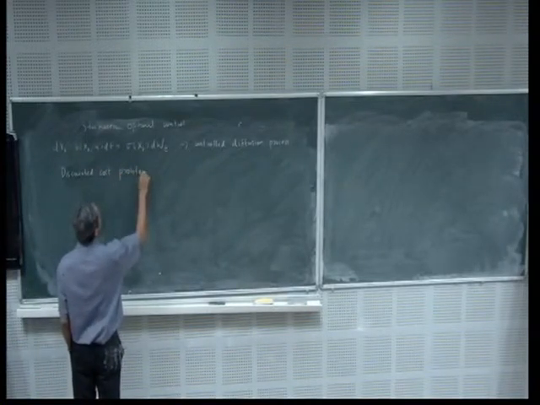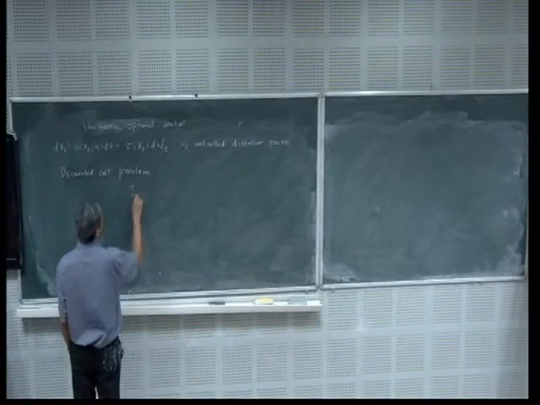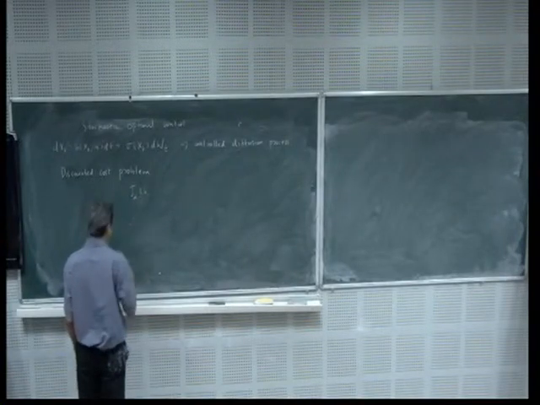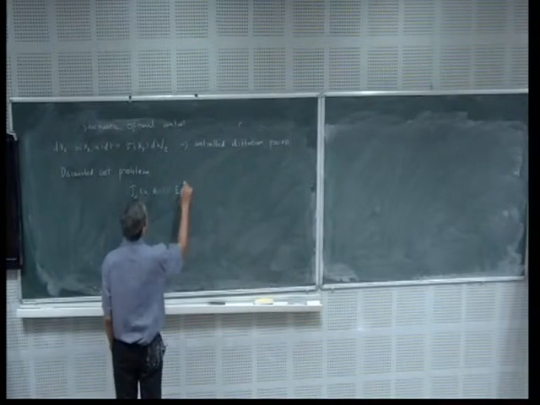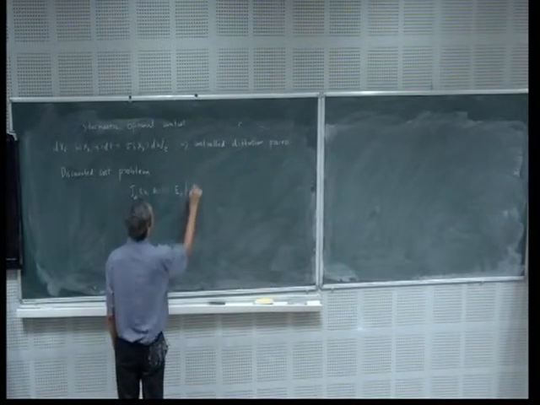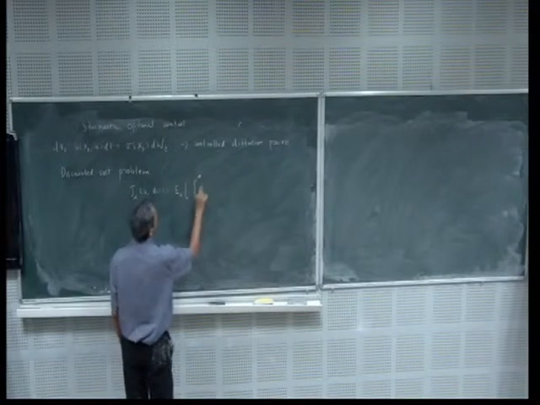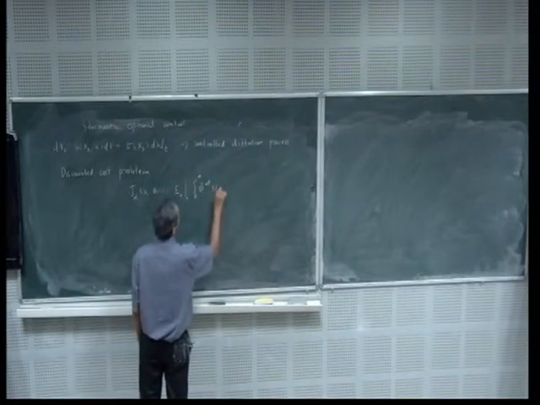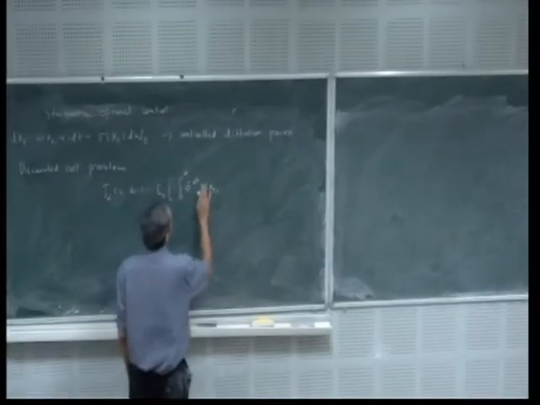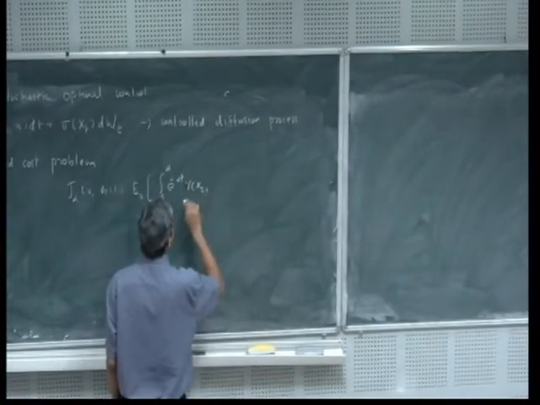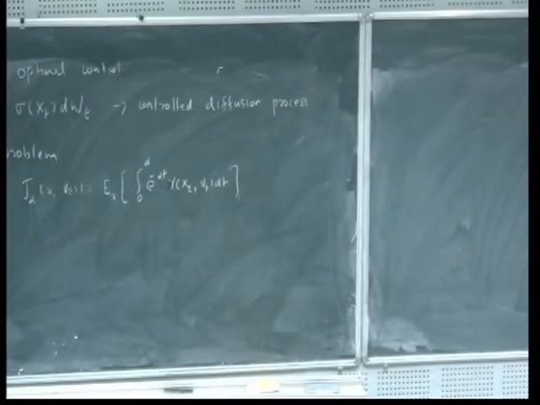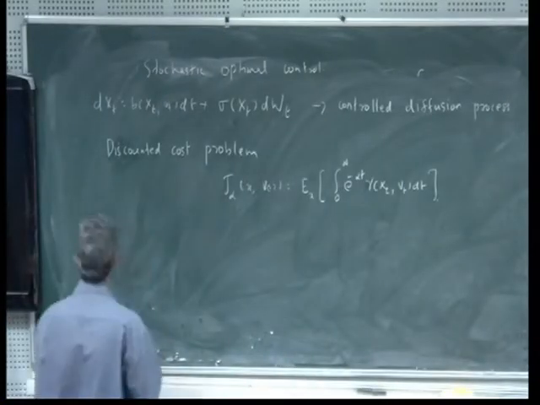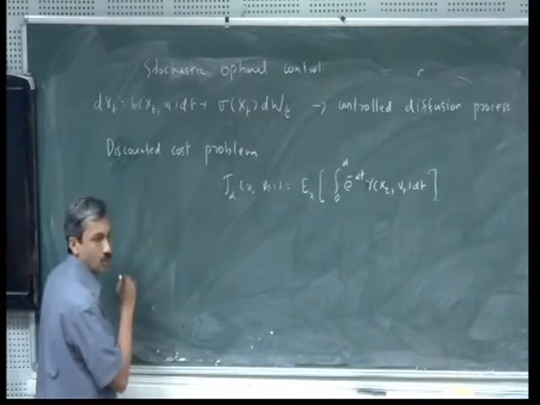What one does here is, you have a payoff, a cost, which takes this form. I am using a different notation than what he is doing, and then we have the average cost problem.